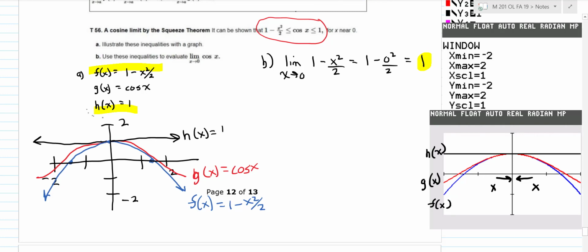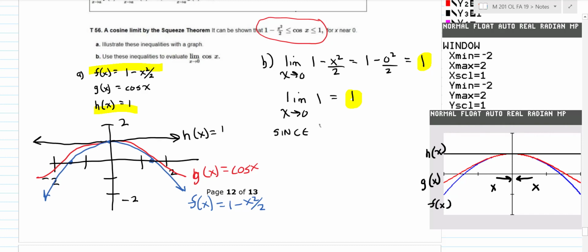The second thing you do is this limit. So we're going to do the limit of h of x, so the limit of 1. What's the limit of 1? The limit of a constant is just the value itself, so that's equal to 1. So here's the thing, since they're both the same, you could write this on the squeezing theorem like this.